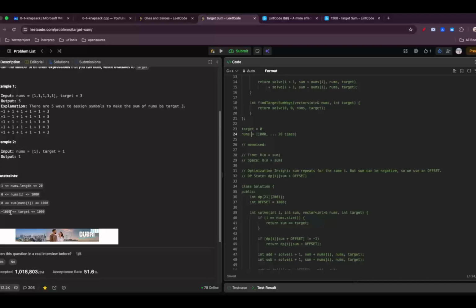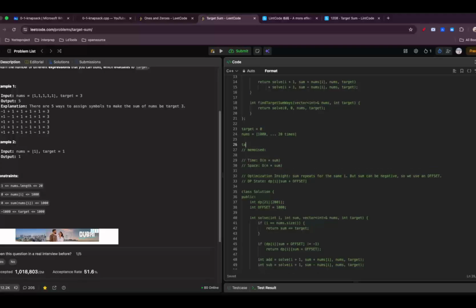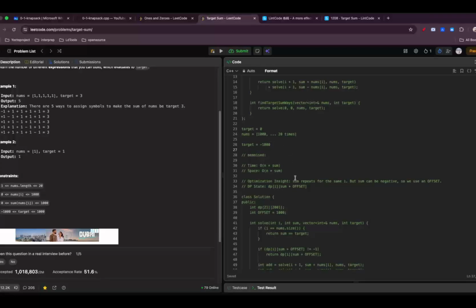And the target can be anything from minus 1,000 till 1,000. It can be zero also, but what I'm trying to say is, at any point if the target becomes equal to zero, and we are subtracting this 1,000 from the same, then at that point the target will be equal to minus 1,000. That scenario also it can reach. And what we are taking is the sum.